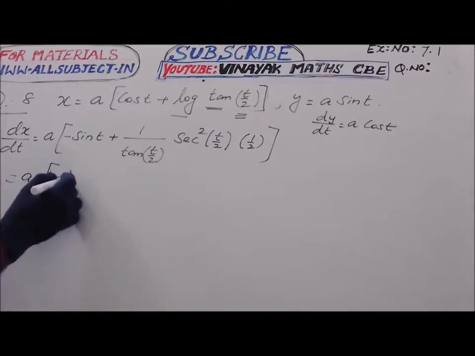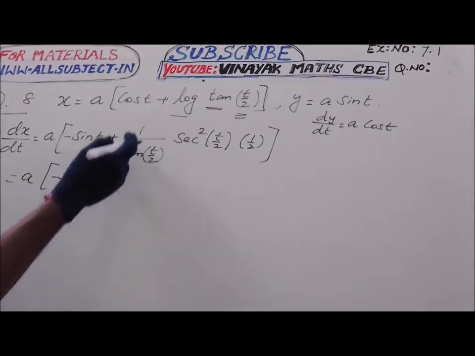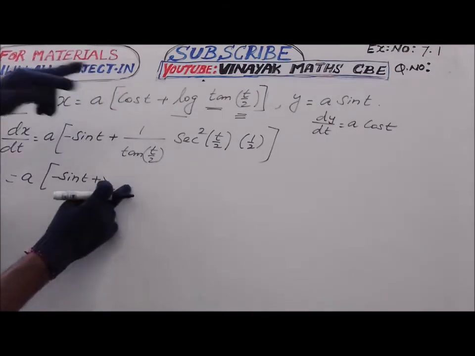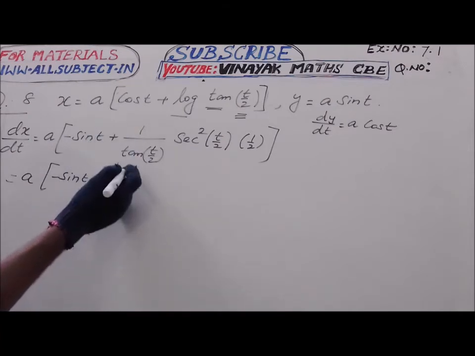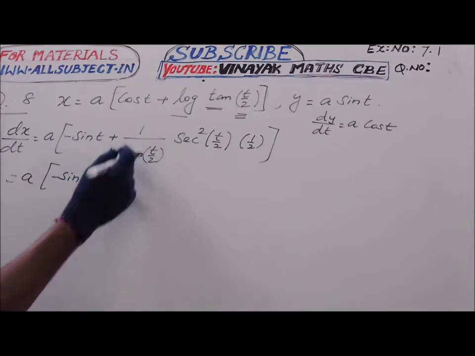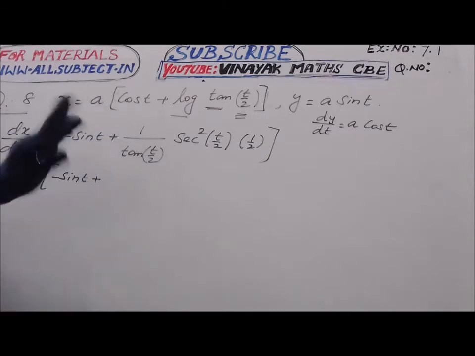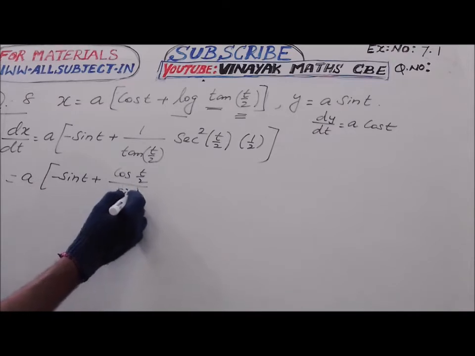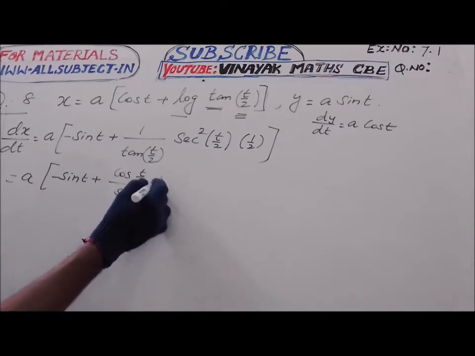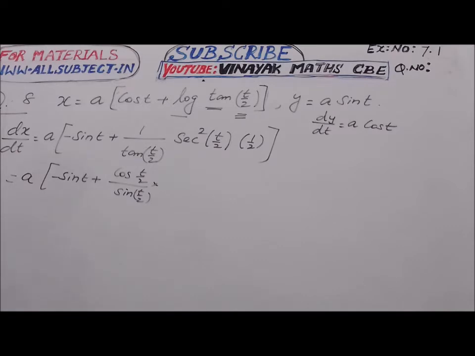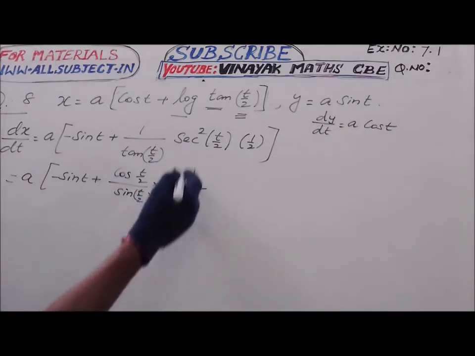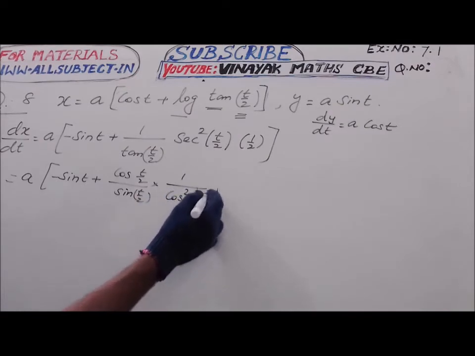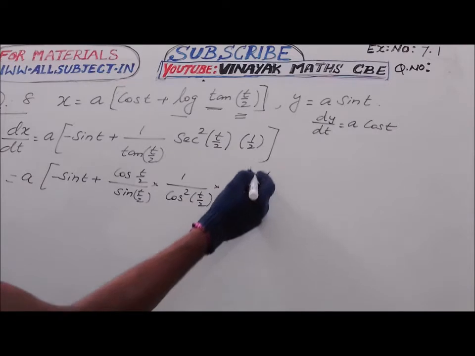a into minus sin t plus, here tan means sin by cos, so reciprocally we will get 1 by tan, which is cot, and cot means it is cos t by 2 by sin t by 2. And then into secant square t by 2, that means secant means 1 by cos, so secant square means 1 by cos square t by 2, into 1 by 2 we have here.